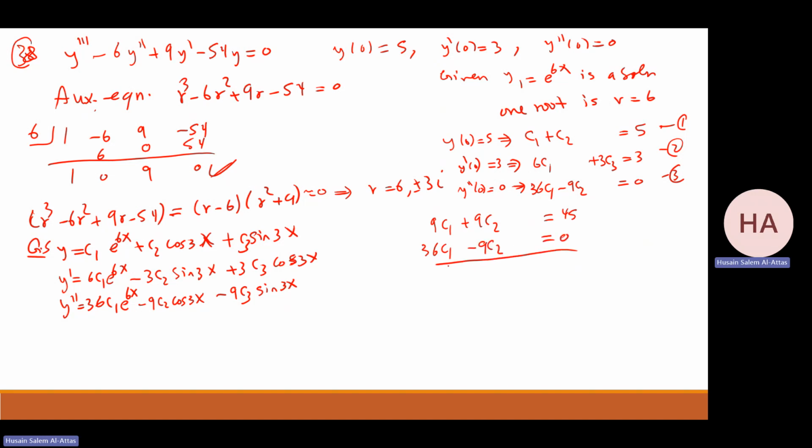I add them. I have 45C1 equals 45. So C1 equals 1. Plug it in 1: 1 plus C2 equals 5, so C2 equals 4.